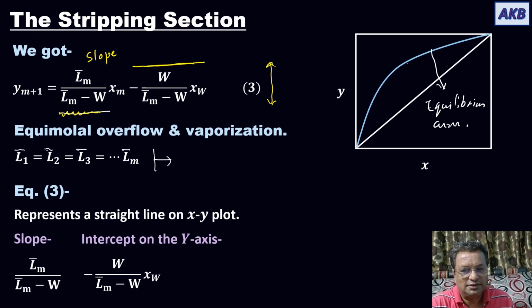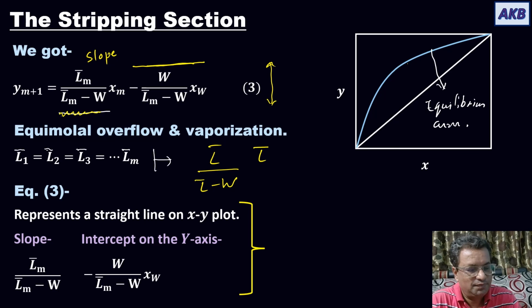So you can simply write the slope as L bar upon L bar minus W, where L bar represents the liquid flow rate in the stripping section. Okay, so this is the equation. I hope you have understood the concept. If you have any doubts, please mention them in the comment section. So this is the operating line for the stripping section, which has this slope and this intercept.